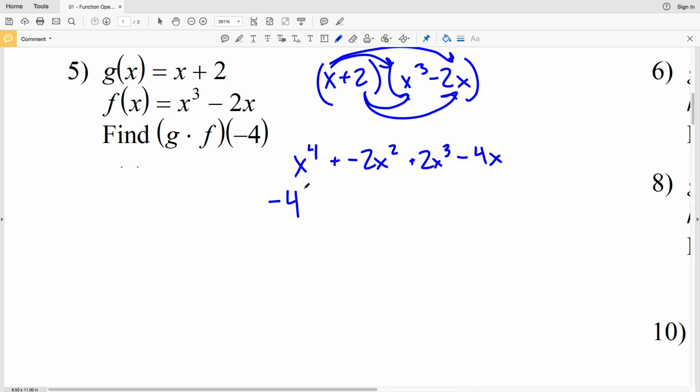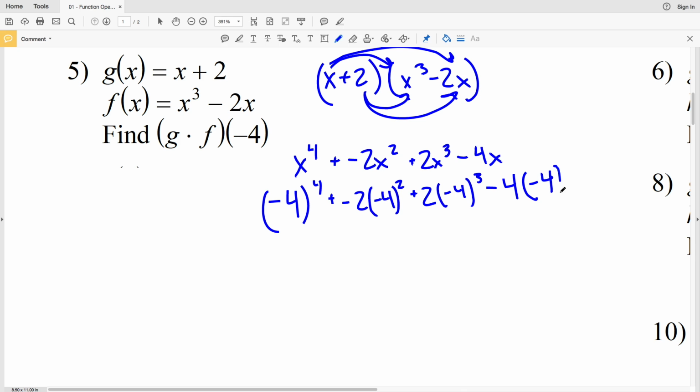So we'll have negative 4 to the 4th plus negative 2 times negative 4 squared plus 2 times negative 4 to the 3rd minus 4 times negative 4. So that's going to be a positive 256 plus negative 2 times negative 4 squared is going to be negative 32 plus 2 times negative 4 to the 3rd is going to be a negative 128.